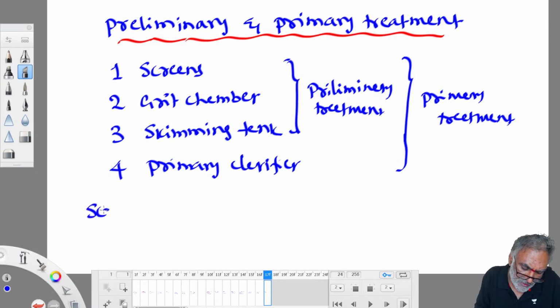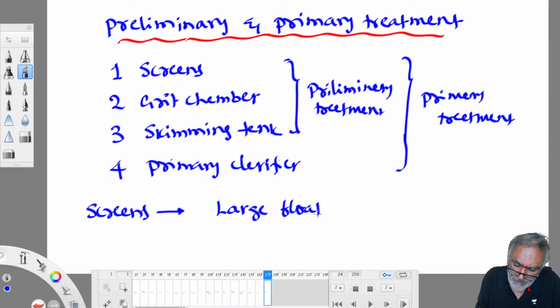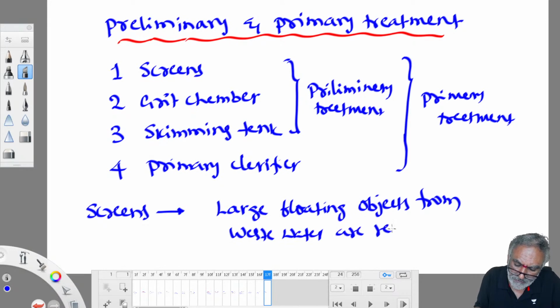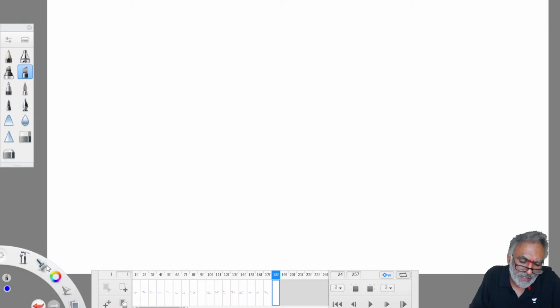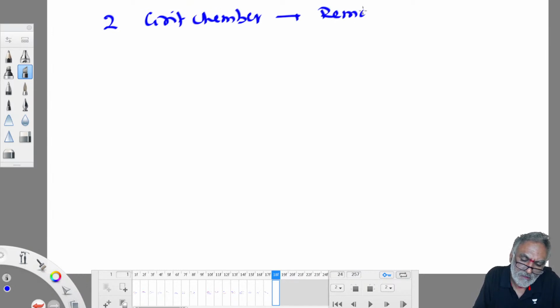Screens are normally used for removing large floating objects. Then the grit chamber removes grit particles from the sewage flow.